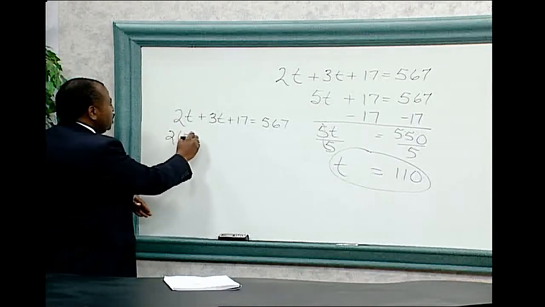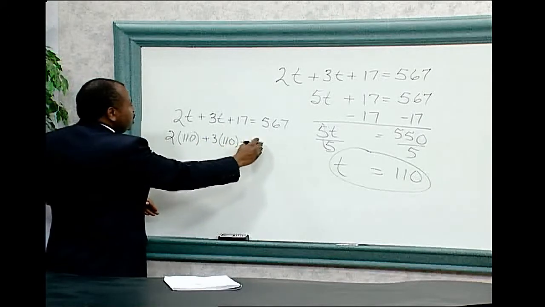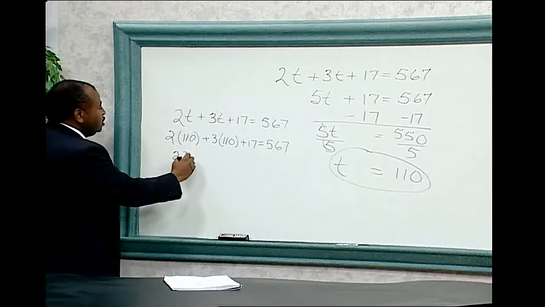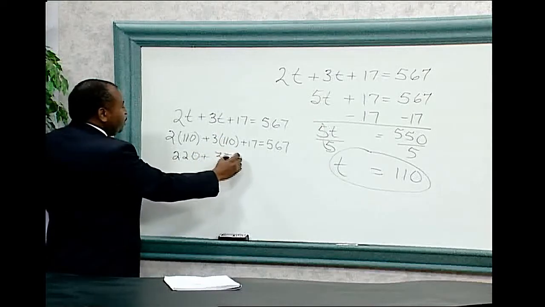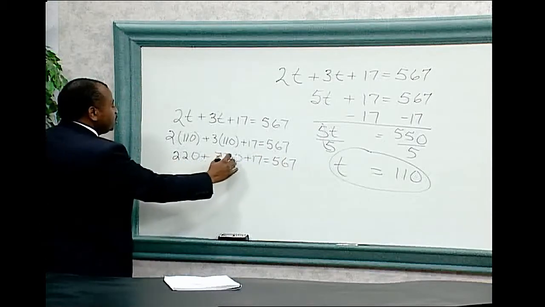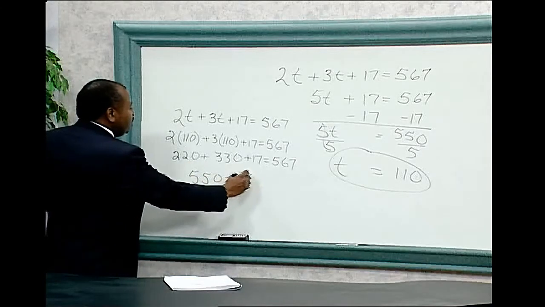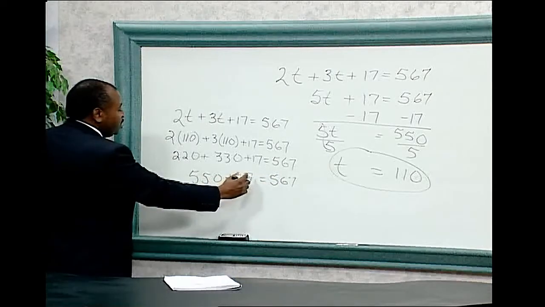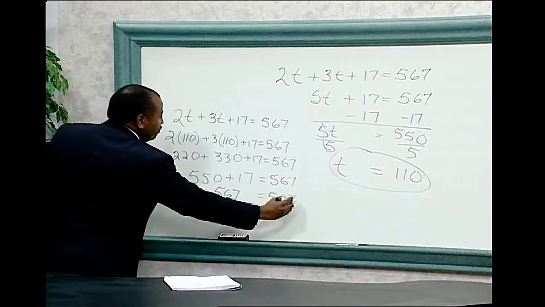2 times 110 plus 3 times 110 plus 17 is equal to 567. 2 times 110 is equal to 220, plus 3 times 110 is equal to 330, plus 17 is equal to 567. 220 plus 330 is equal to 550. 550 plus 17 is equal to 567, which is also equal to 567.